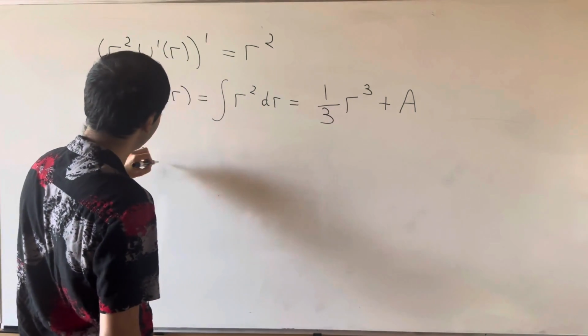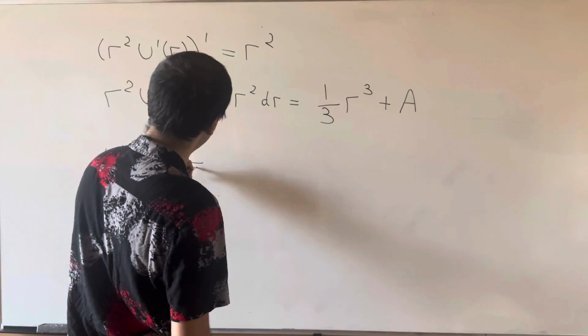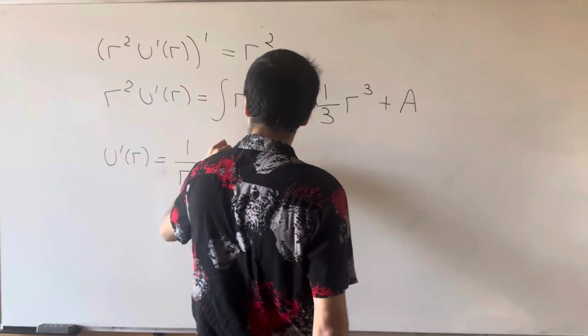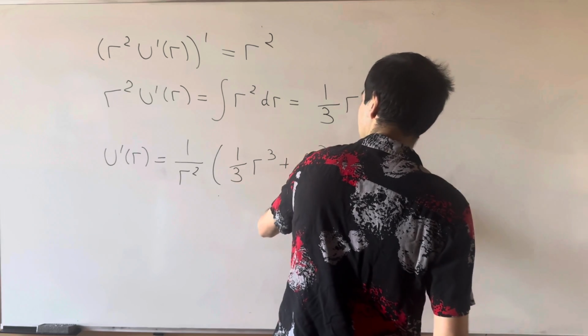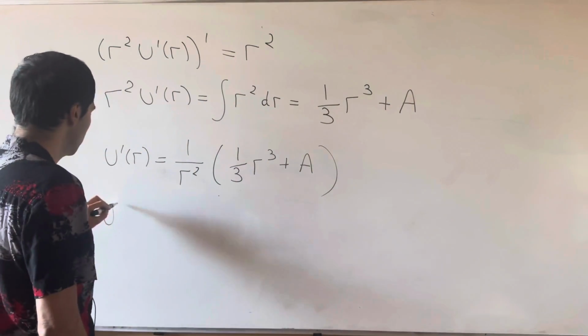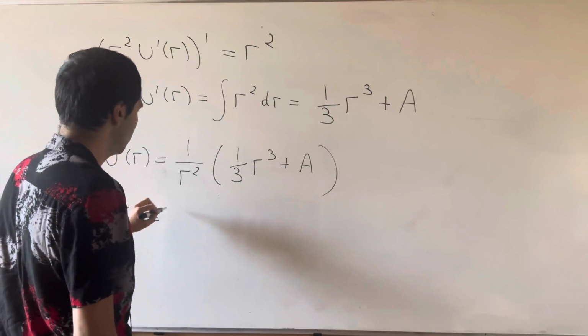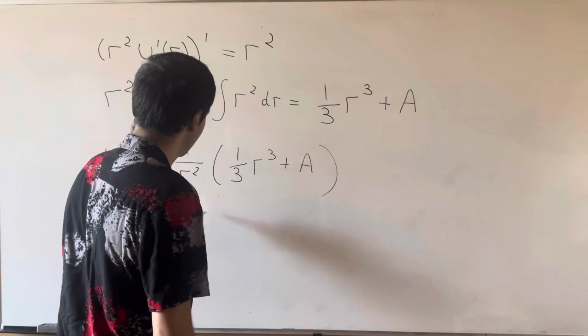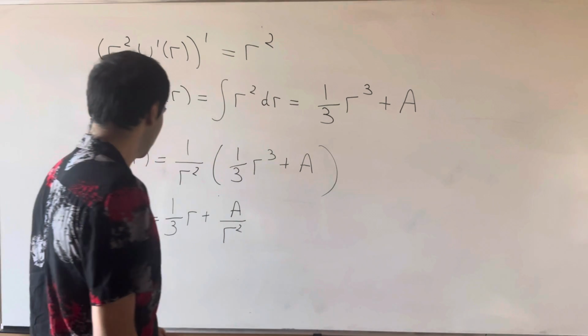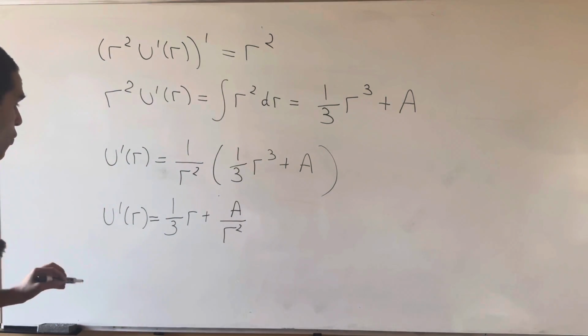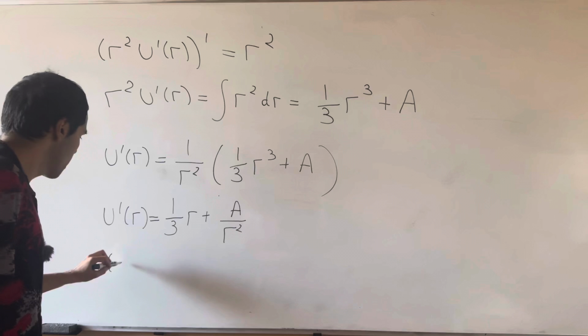And so dividing by r squared, u prime of r is 1 over r squared times 1/3 r cubed plus a. So u prime of r is 1/3 r plus a over r squared. And now to find u of r, we can integrate once again.